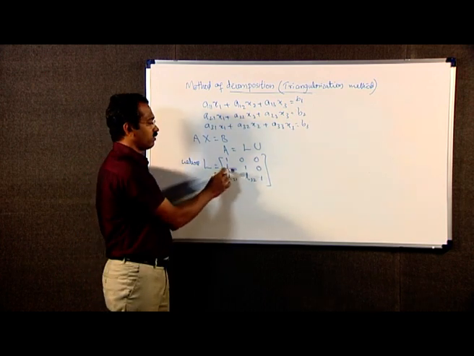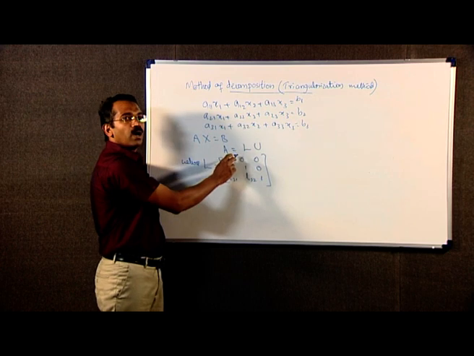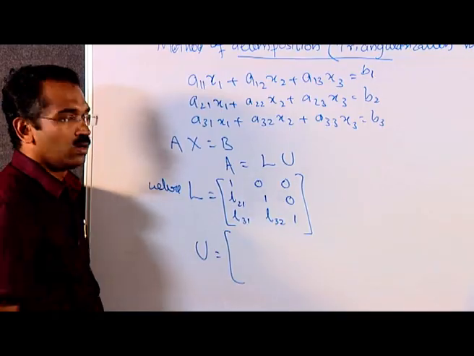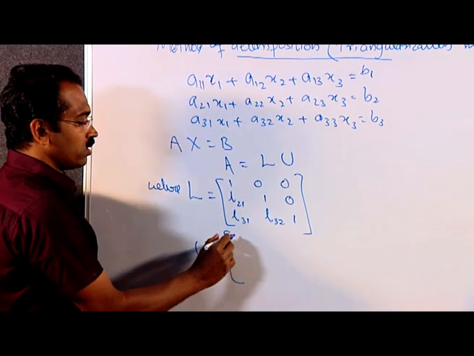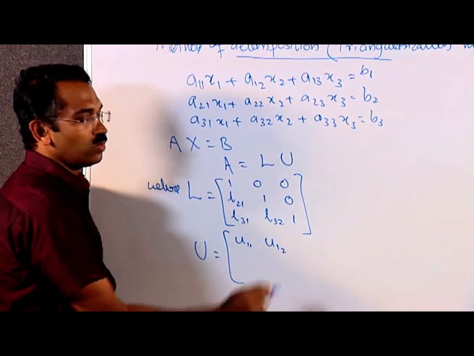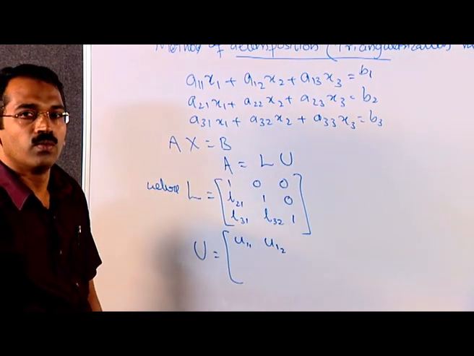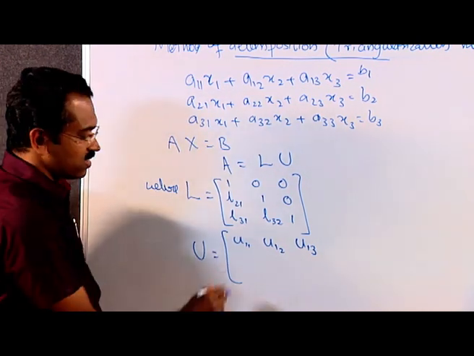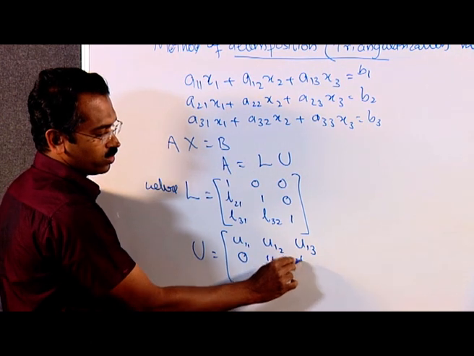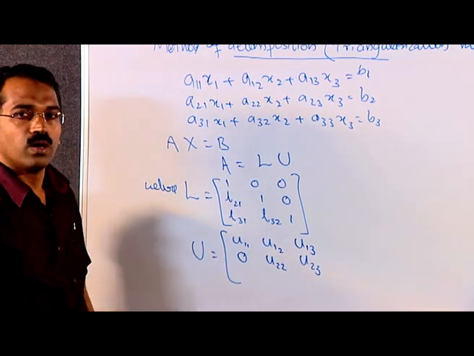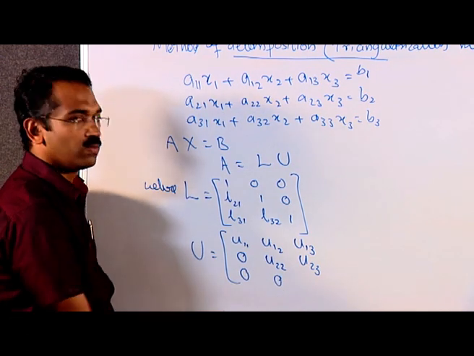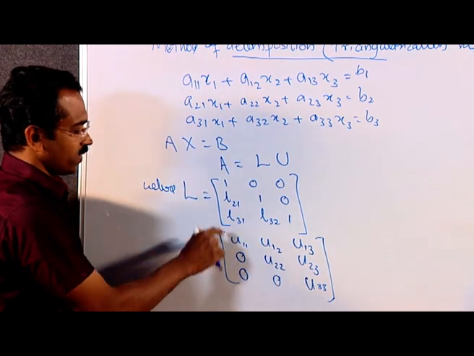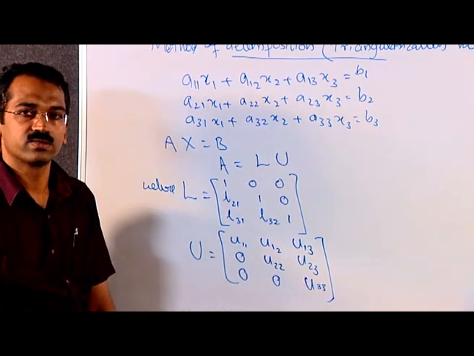This is a lower triangular matrix, and U is of the form U11 U12 and U13, 0 U22 U23, and the third row is 0 0 U33. This is an upper triangular matrix.